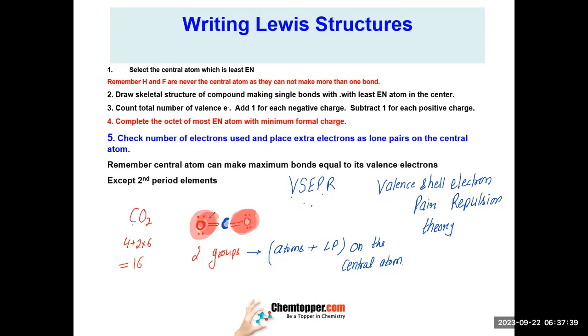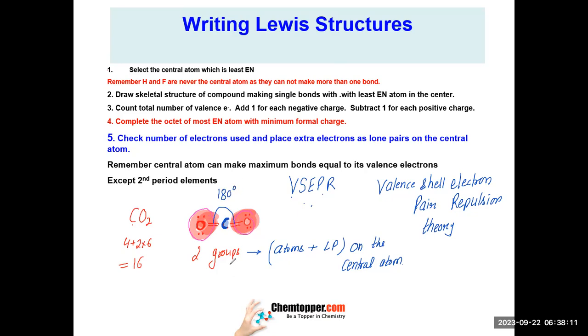So the electron groups have the same charges, so they repel. Now repulsion is not liked by nature. So what would nature like to do? Nature would like to minimize the repulsion. So how can you put these two groups around the carbon so that they are far away from each other? The best arrangement is linear. These two groups are 180 degrees to each other.